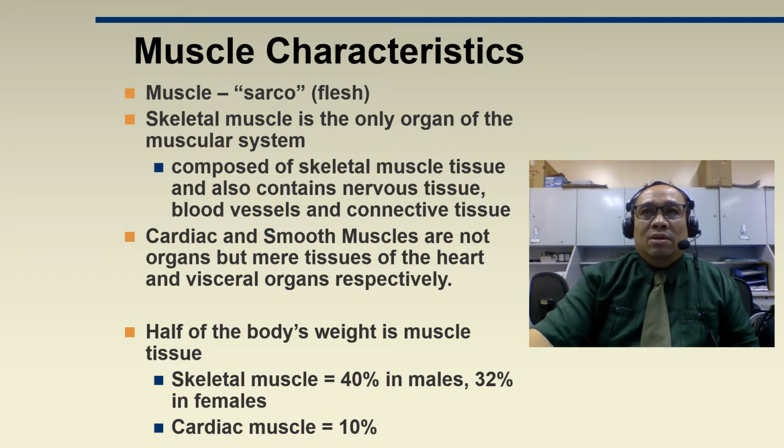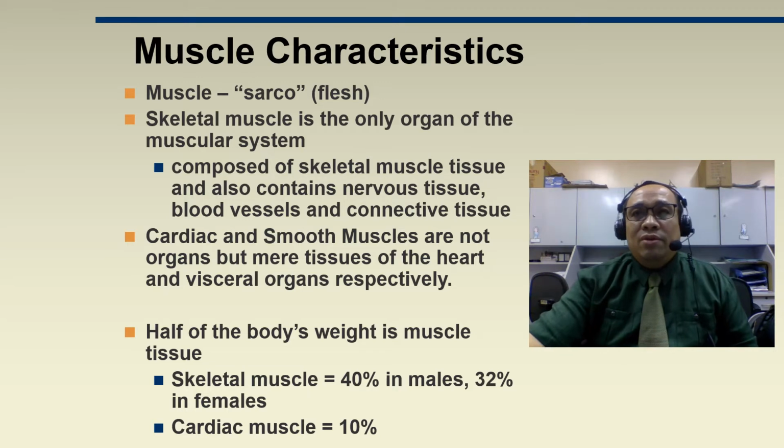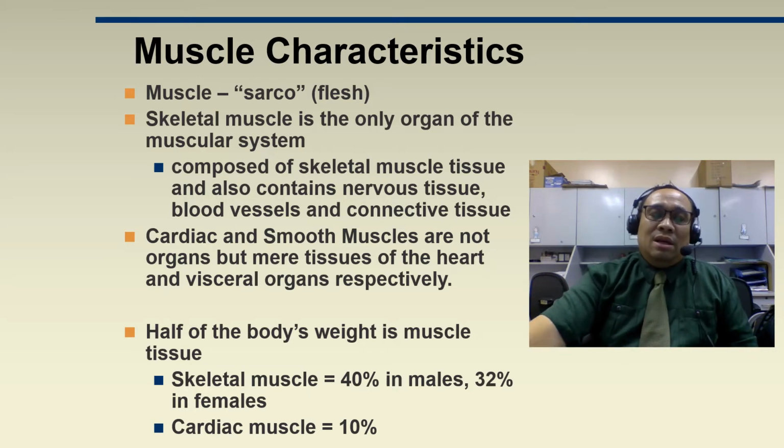The structural unit of muscle tissue is called the sarcomere. The endoplasmic reticulum of muscle is called the sarcoplasmic reticulum, and so forth. So whenever we discuss muscle, they assume very specific names for some of its relevant structures.